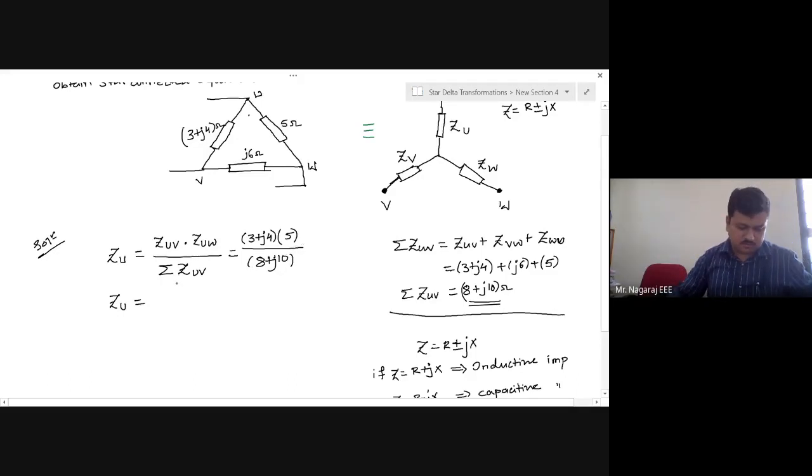So when I press equal to, I get 80 by 41 plus 5 by 82i. When I convert this ratio into decimal numbers, I get 1.95 plus J0.06 ohms.